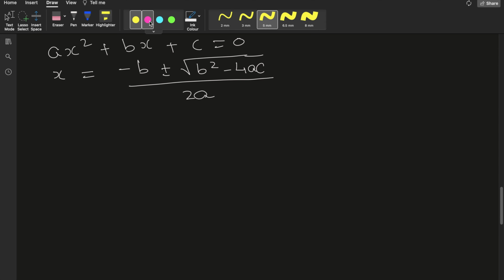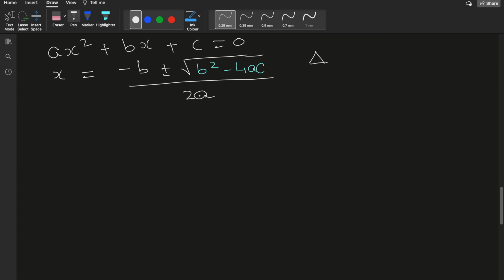This part, b squared minus 4ac, is what we call the discriminant, and it is represented by the Greek letter delta, which is just a triangle. Here we're going to predict whether the roots are going to be real or imaginary by looking at the magnitude of the discriminant.